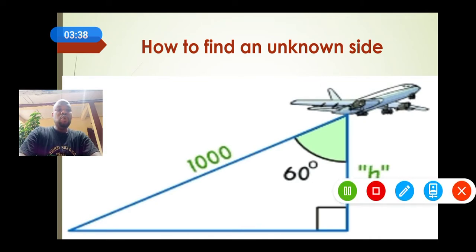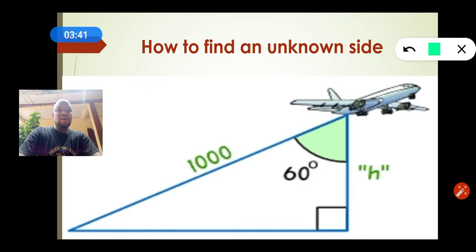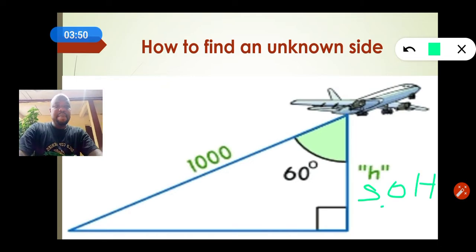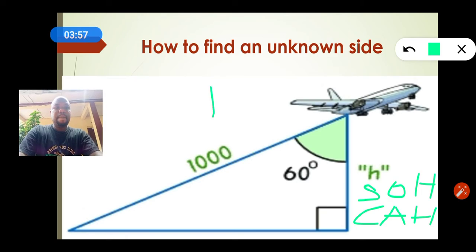So to know which of the trig ratios to apply, we must remember this short abbreviation, which is SOH CAH TOA. Once we remember these three abbreviations, we identify the sides that we are given in any particular question and we relate it to this short abbreviation.